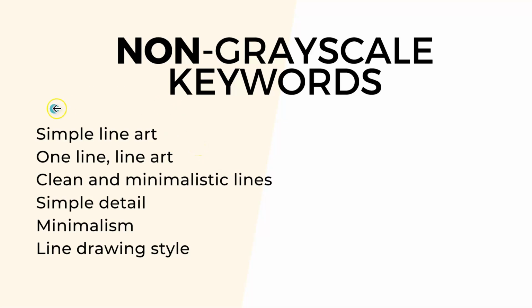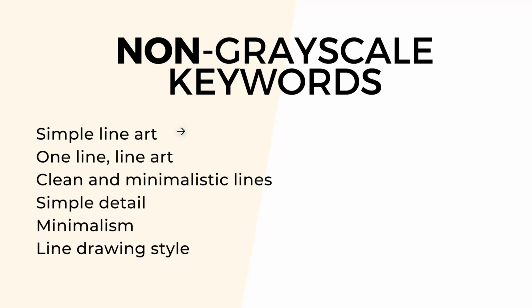The first one is simple line art. This is one that I actually tend to use a lot, and it works really well when you don't want grayscale in your colouring pages. Now, one thing to note really quick is it's better to describe what you do want rather than what you don't want. If you start describing in your prompts no grayscale, then you're more than likely going to get grayscale.